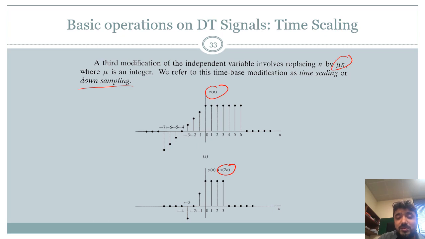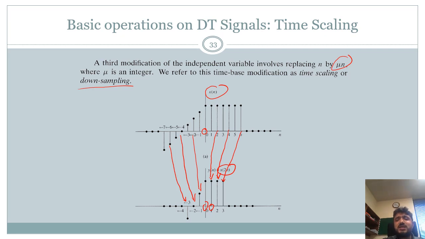So by 2n we mean that 0 remains 0, that's perfectly fine, and 1 becomes, so 2 comes here, and 4 comes here, and 6 comes here, and similarly minus 2 comes here, and minus 6 comes, so this is 2, so minus 4 comes here. Where is minus 4? Minus 1, minus 2, minus 3, minus 4 comes here, and minus 6 comes here, and so on and so forth.